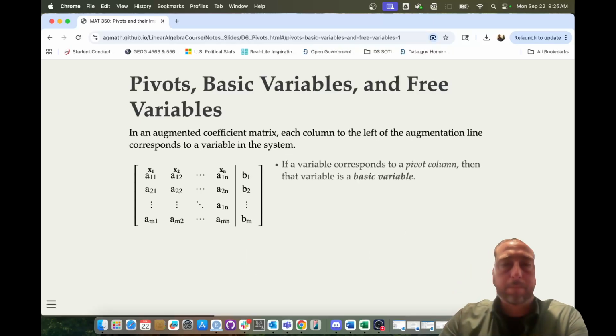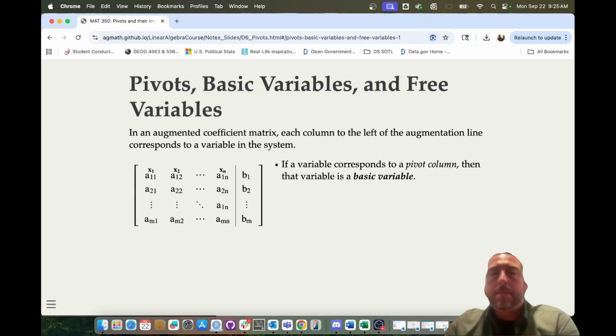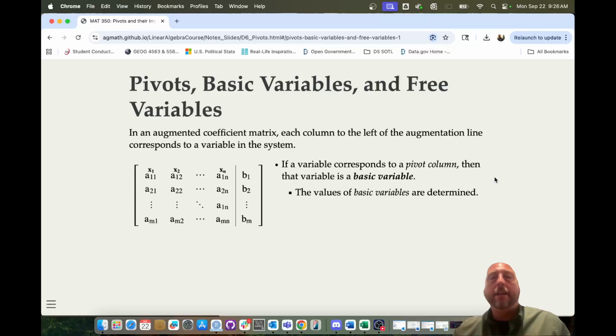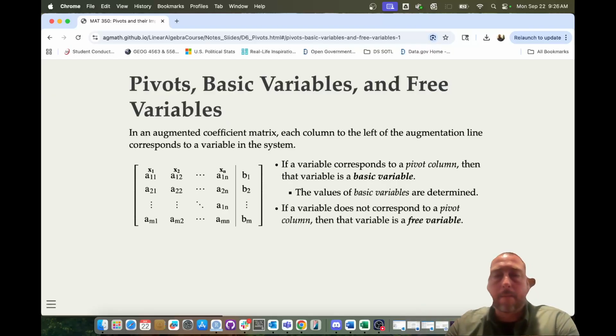All right. So if a variable corresponds to a pivot column, so basically if the column in the row echelon form of the augmented matrix has a pivot in it, then that corresponding variable is a basic variable. Basic variables have values that are determined, either directly determined or determined once the values of free variables have been chosen.